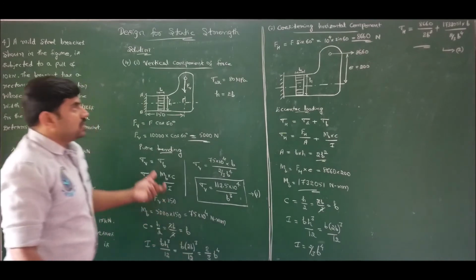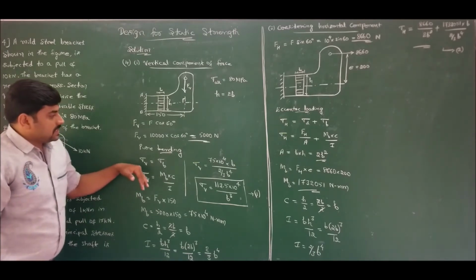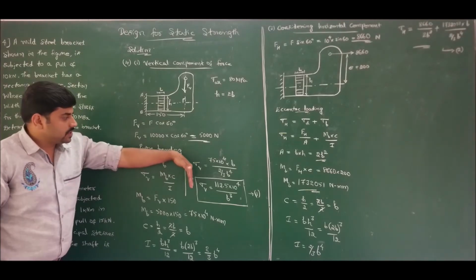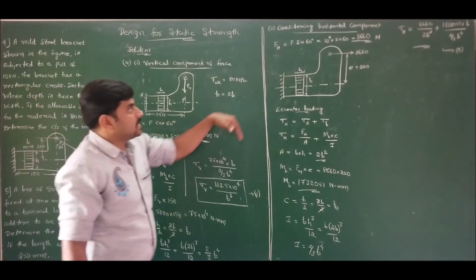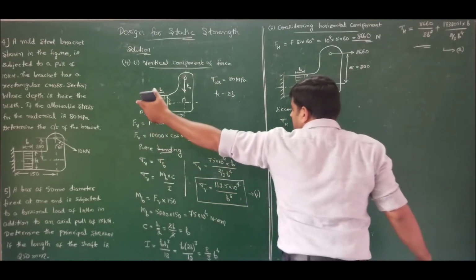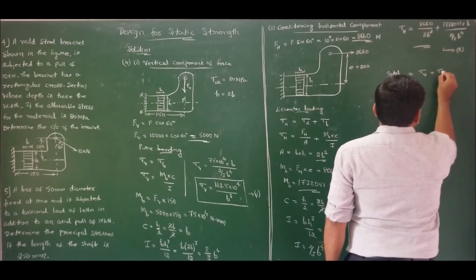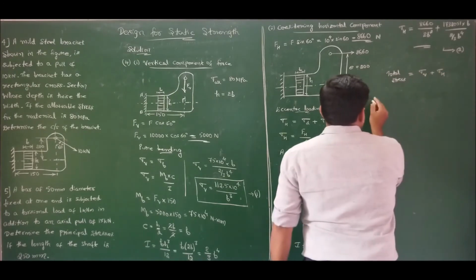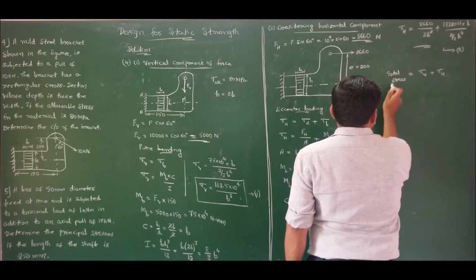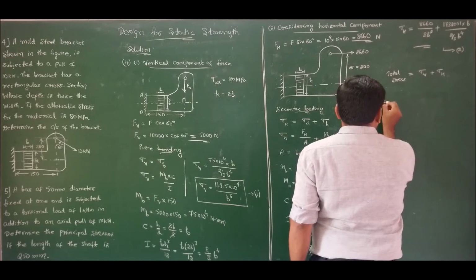The total stress induced due to this 10 kilonewton force is the sum of the stress induced due to the vertical force and the stress induced due to the horizontal force. Total stress is nothing but the allowable stress, which is equal to 80 megapascals.